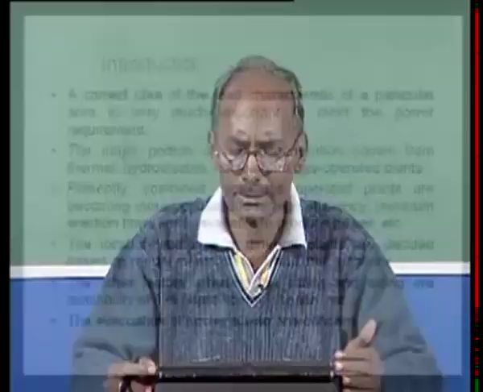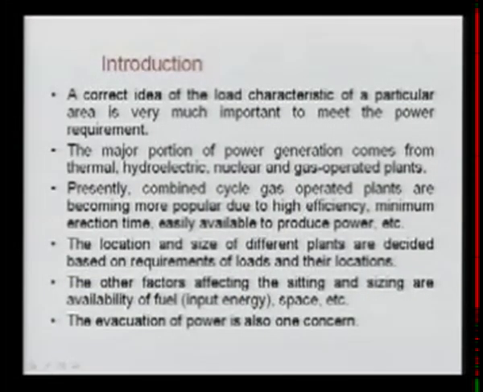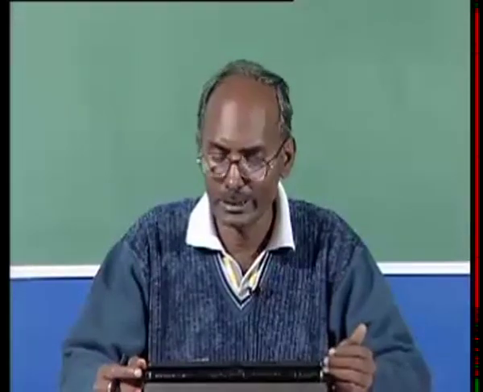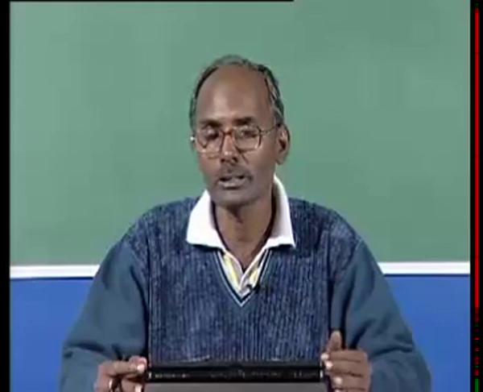Presently, combined cycle gas operated plants are becoming popular for several reasons. They have high efficiency and minimum erection time, meaning we can construct them easily in a short time. They are easily available to produce power, meaning they can be quickly started and quickly turned off.